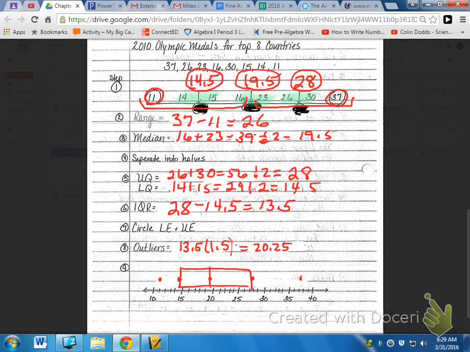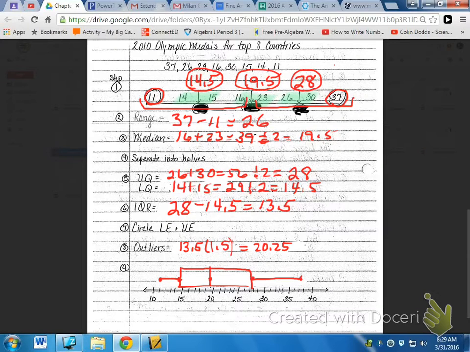If I was at 14.5 and had to go back 20.25, wouldn't I be in the negatives? So this whisker's fine. On the right, it's at 28. If I added 20 more on top of that, it'd be at 48. So this whisker is also good.